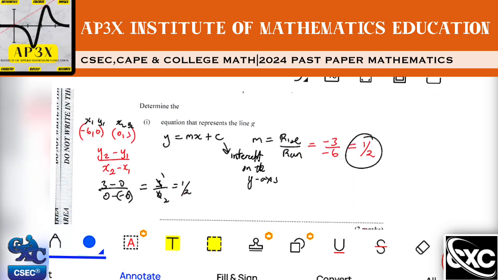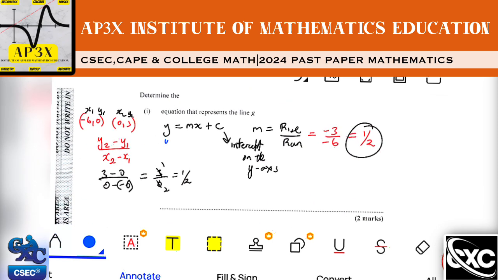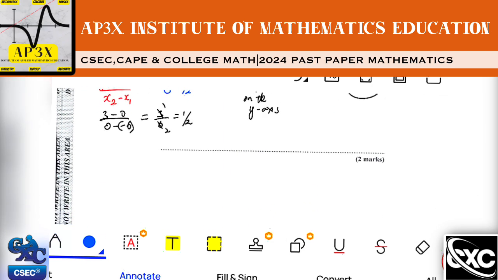So I can therefore conclude that my equation then is y equal a half x plus 3. That's the equation for line G. All right, so a little bit of thought had to go into that. That's how you're going to approach that particular question then.